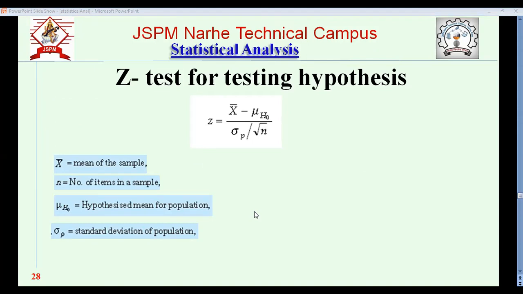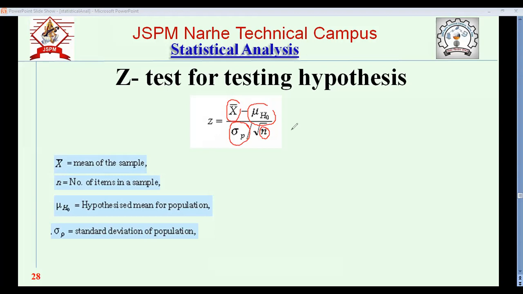There is a formula for this. The formula is Z for the sample equals X mean of the sample minus mu H0, which we call the null hypothesis, that is the mean of the population, divided by the standard deviation of the population divided by the square root of n, where n is the number of readings, the observations in the sample.